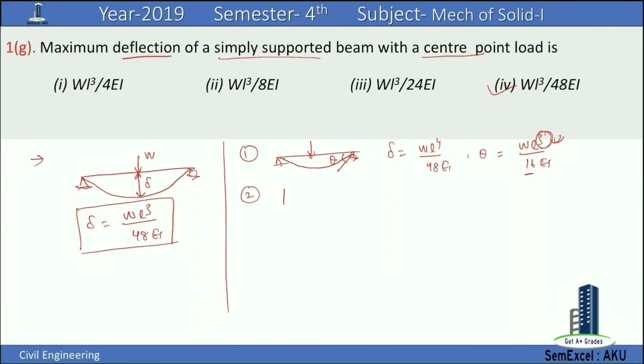The second is, if we have a cantilever beam with a point load W at the tip, then in this case delta is equal to WL cubed by 3 EI.